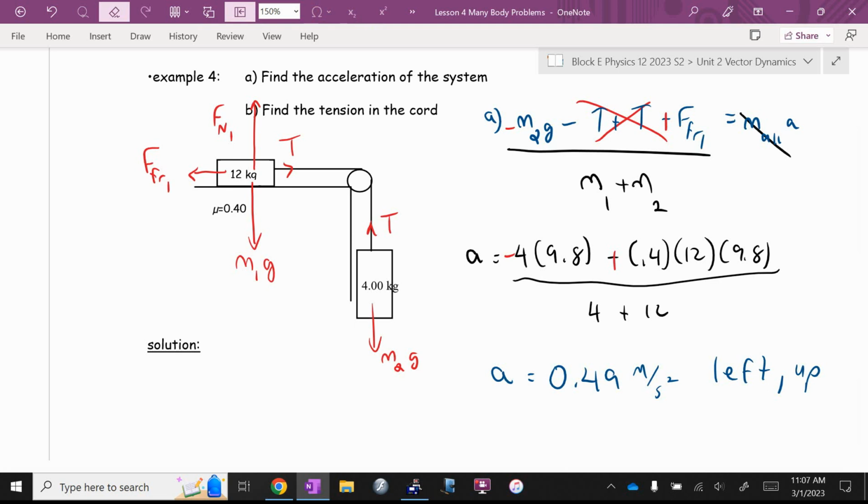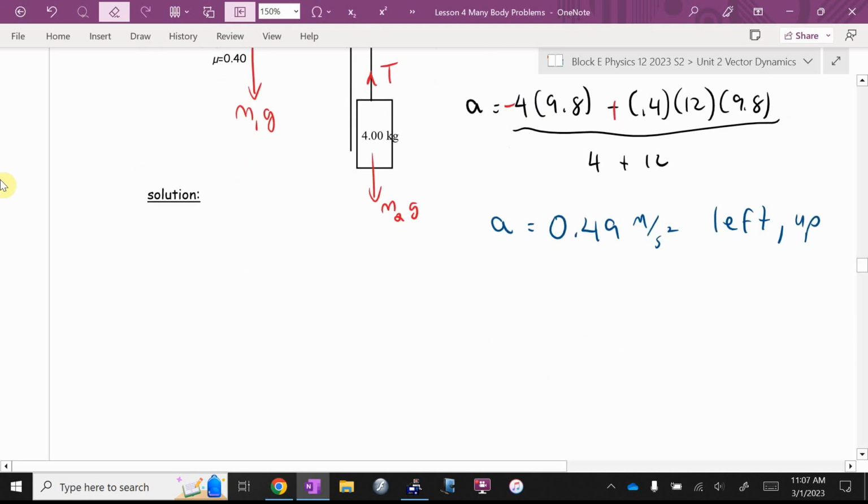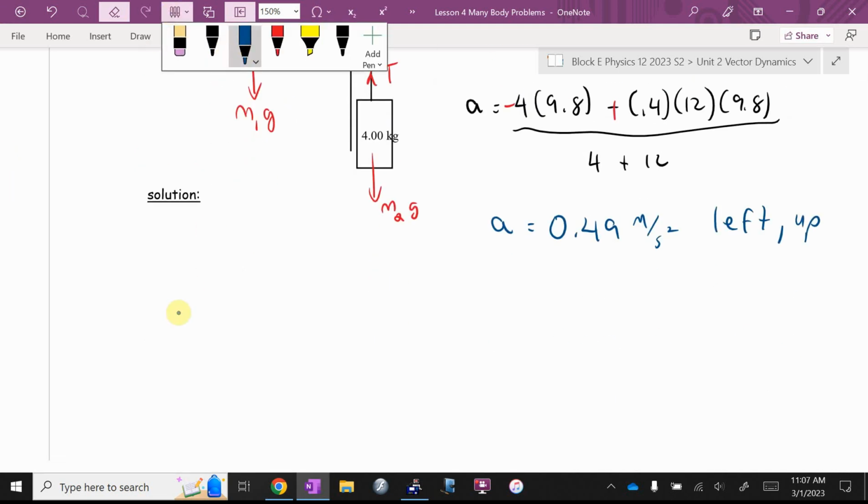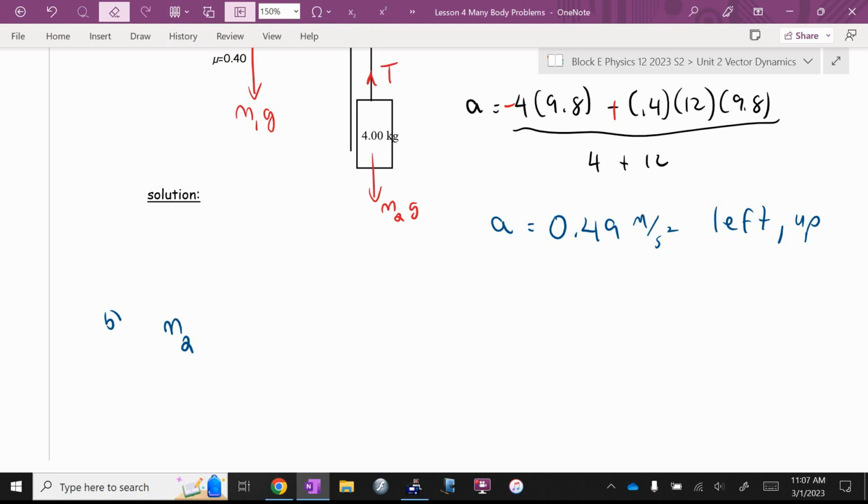Which mass would we use to find tension? It's pretty obvious. What mass would you use to find tension, Eric? M1 or M2? Why? Less stuff, yeah, less cluttered. So let's find tension using M2. It's going to be M2, we'll call that part B, M2G minus tension equals M2A.